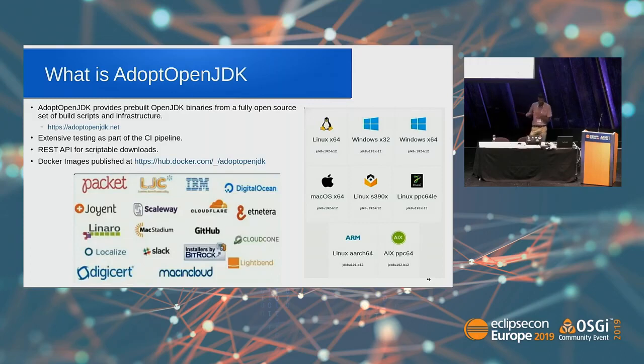And we have an extensive Jenkins setup over there, and publish the binaries. So these are downloadable, and you have REST APIs. And of course, the Docker images are available over there.